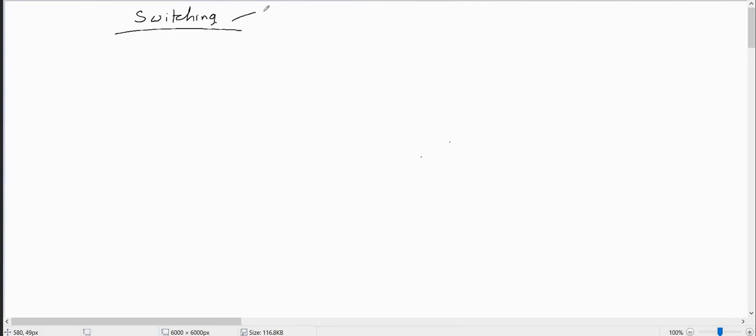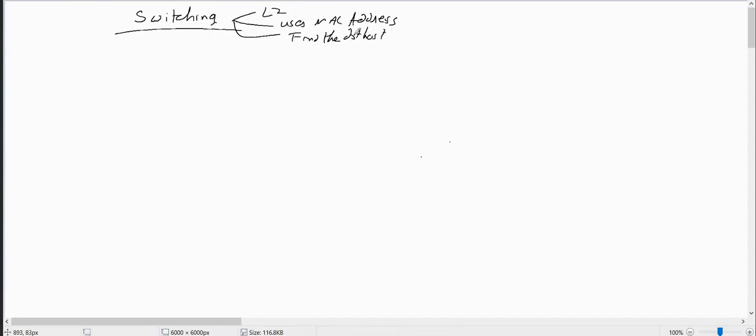So switching, very simple. It's a layer 2 device, and it uses MAC addresses because it's a layer 2 device. And the job, this is the primary focus. The job is to find the destination host.